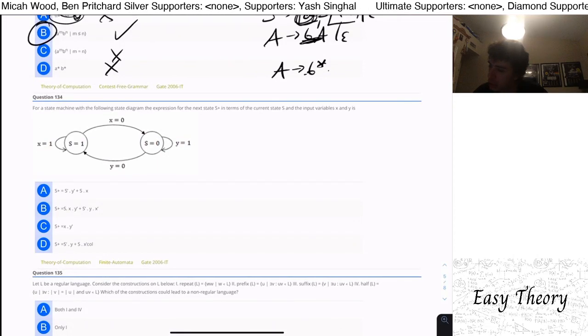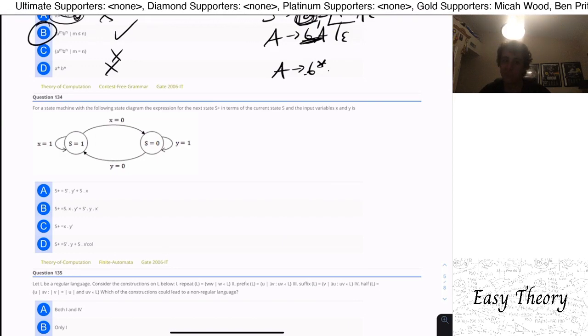Okay, state machine. With the following state diagram, the next state S plus in terms of the current state and the input variables X and Y is... I have no idea what this notation is.